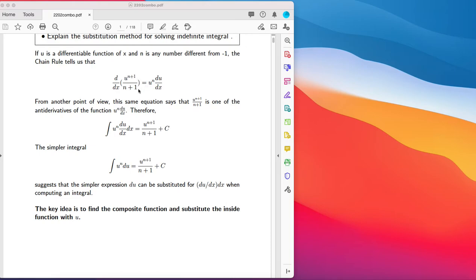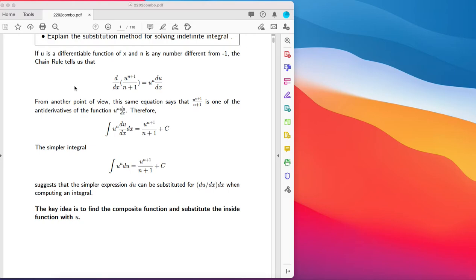You differentiate with respect to the outside function, and then multiply by du/dx, because u again is a differentiable function of x. From the other point of view, the same equation says that u to the power of n plus 1 over n plus 1 is one of the antiderivatives of the given function u to the power of n times du/dx.